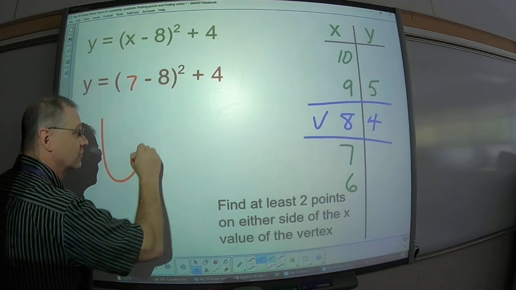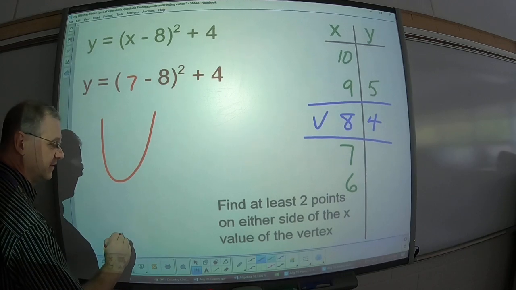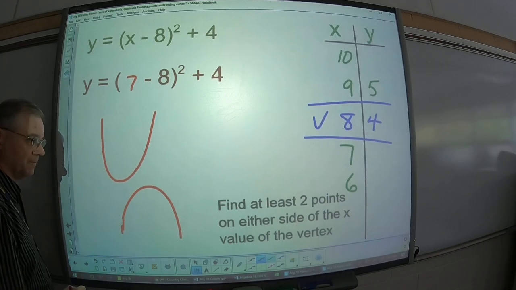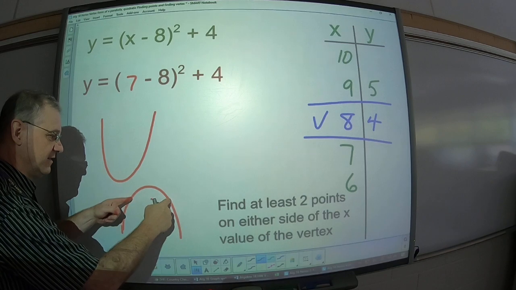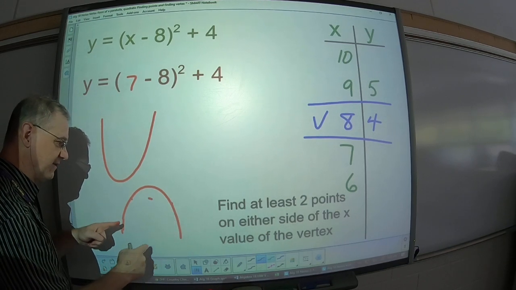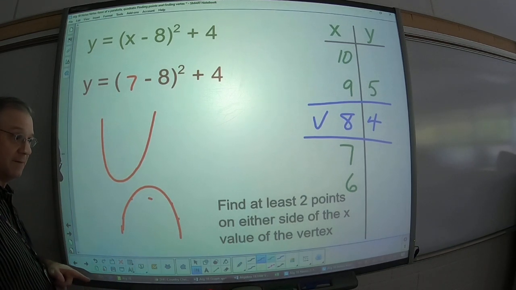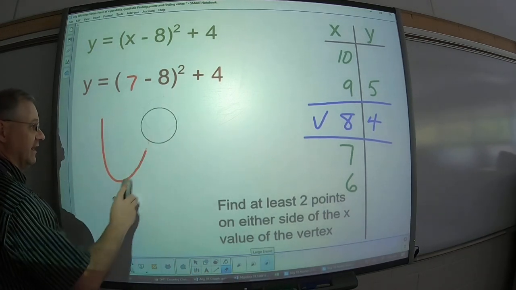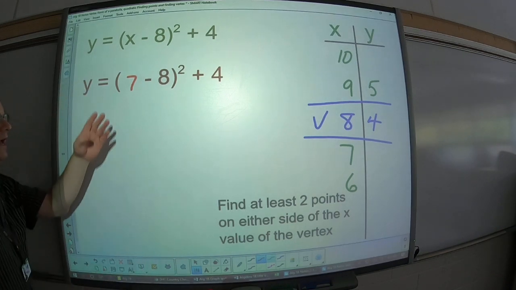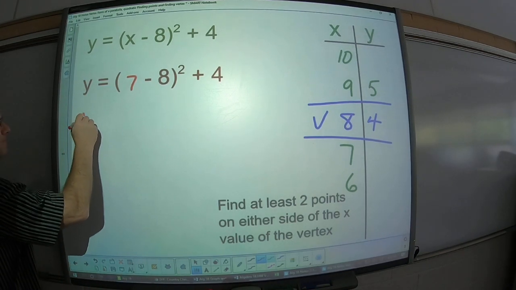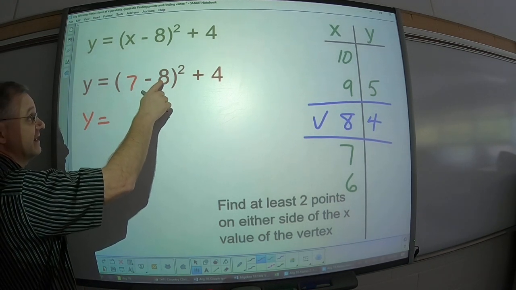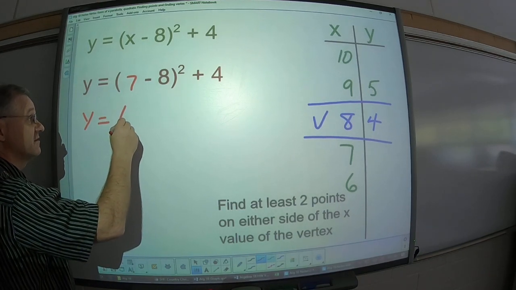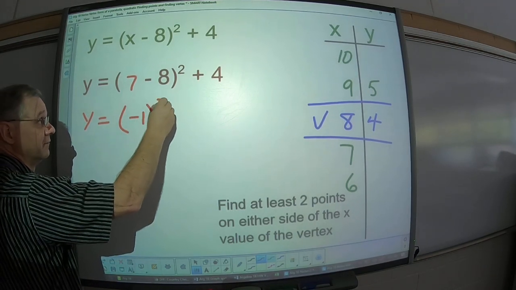It either goes up like this or down like this. And so you get values that are the same y but different x values. So let us see what happens when we plug 7 in. 7 minus 8, we have to do that first. 7 minus 8 is -1.